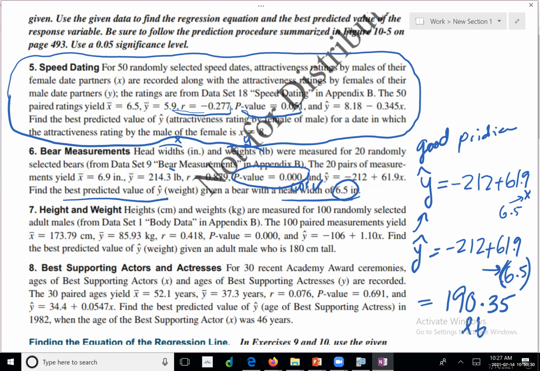The p-value is 0.051. Great job, Shelby. As you're sending your answers, tell me why you think there is a correlation or why you think there is not.